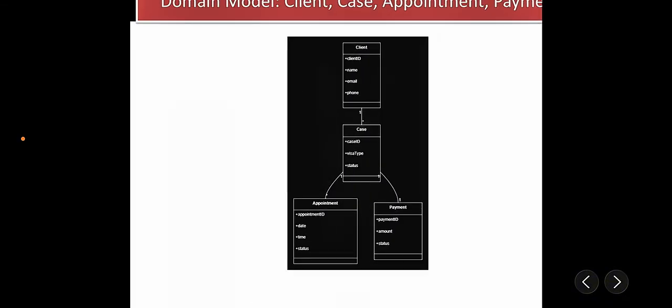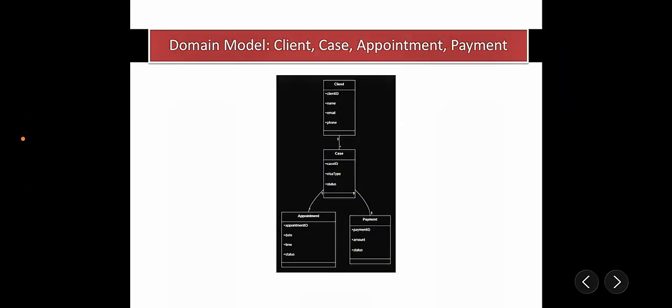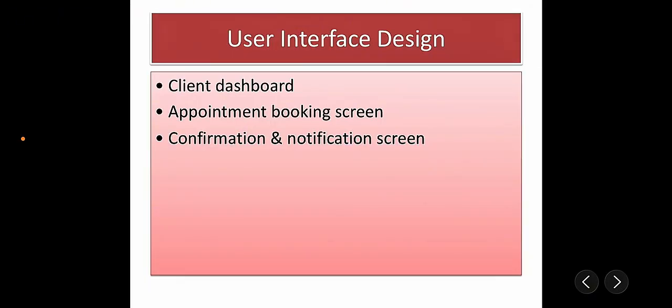Next slide, user interface design. The user interface of the system is designed to be simple and user-friendly. The client dashboard allows users to view case status, upcoming appointments, and notifications.